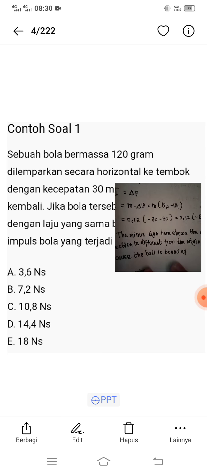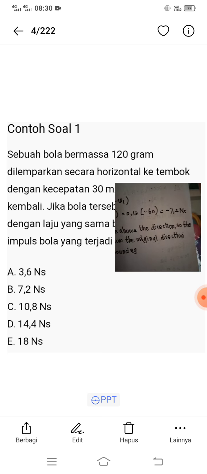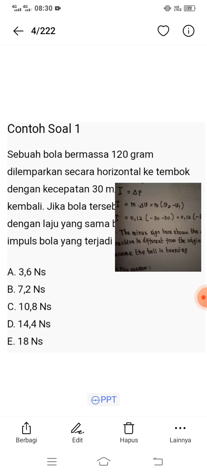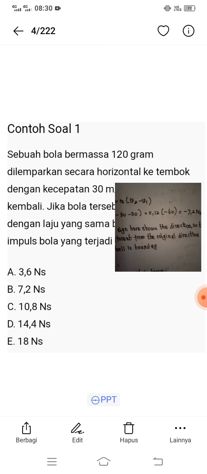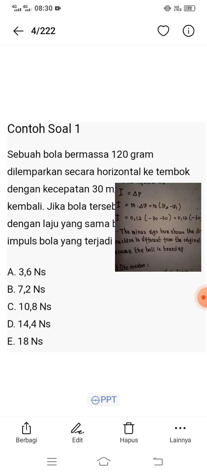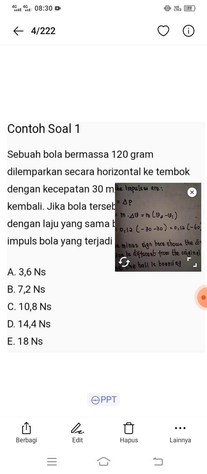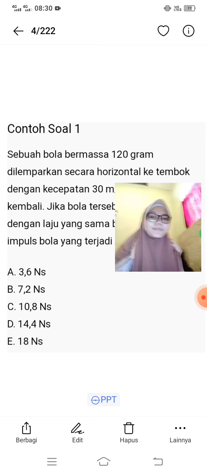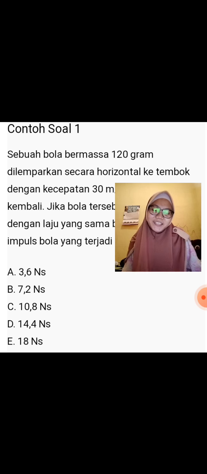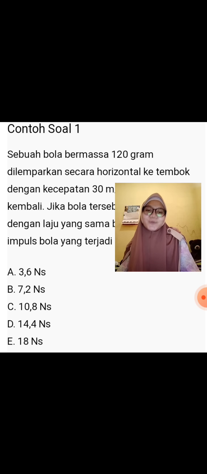The minus sign here shows the direction, so the direction is different from the original direction because the ball is bouncing. This answer is B, 7.2 Ns.